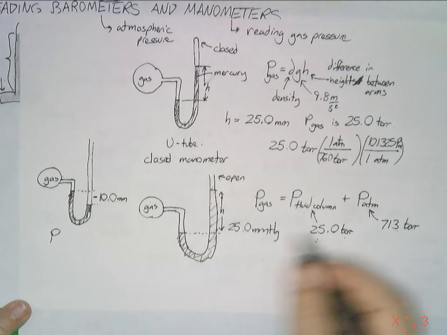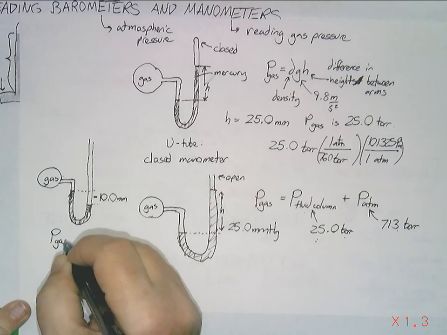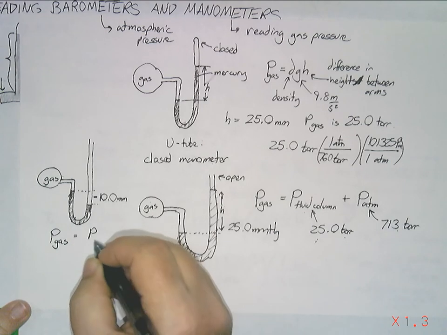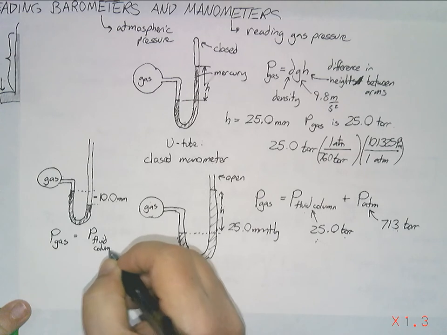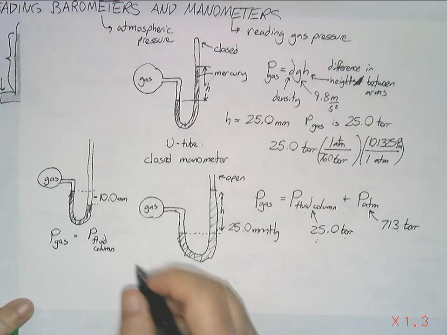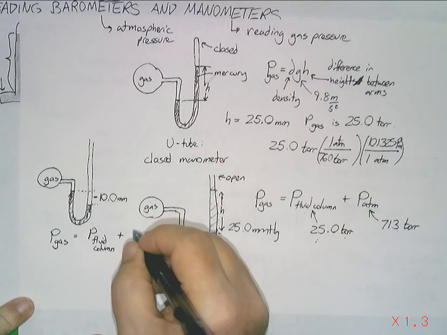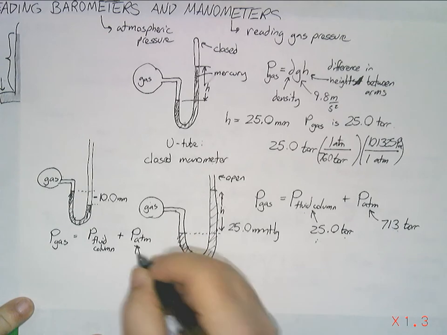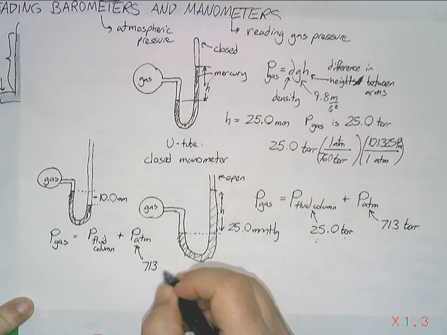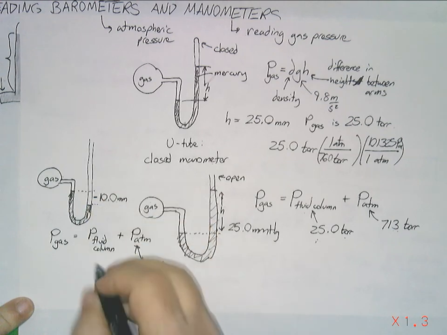And that means if I use my equation for the open manometer here, the pressure of the gas is still going to be the pressure of the fluid column. On this side, the fluid column is missing, so it's negative. Say this was 713, and this was down 10.